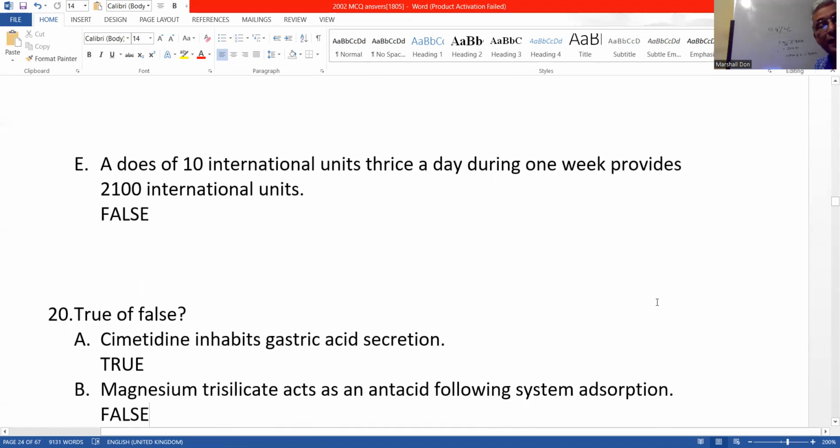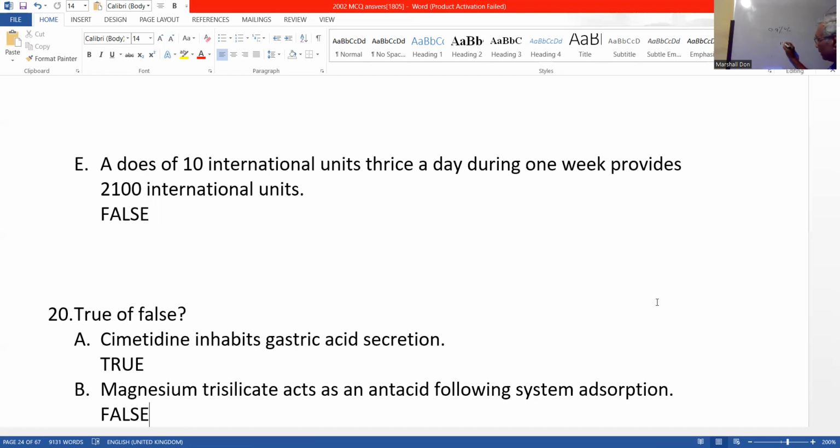E. A dose of 10 international units thrice a day during 1 week provides 2100 international units. Now, when you dispense vitamin K, vitamin D, vitamin A, you need to use international units, not milligrams.